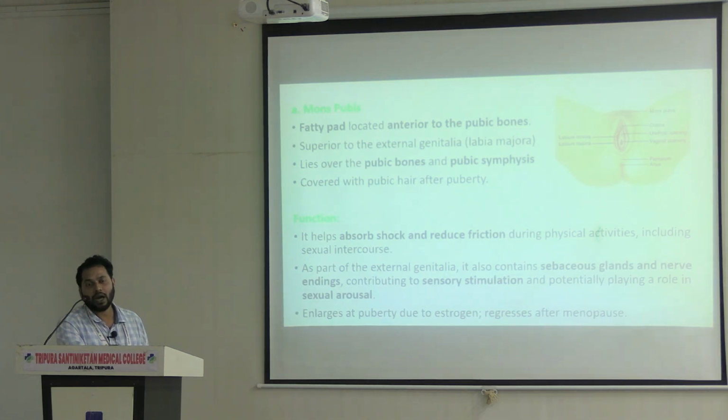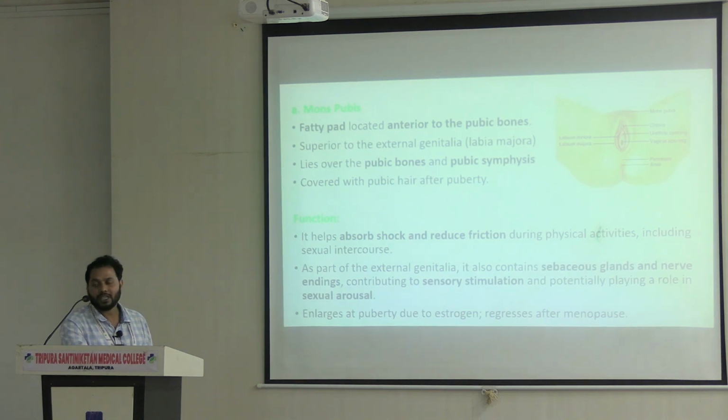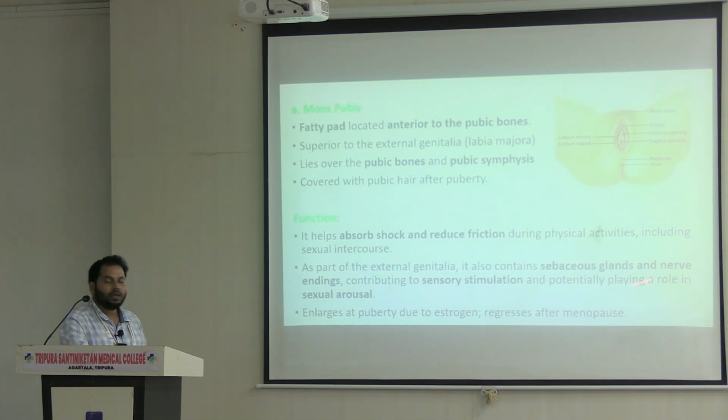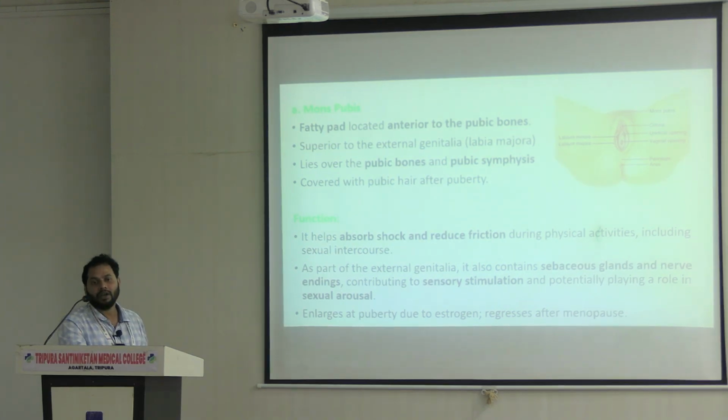And that accumulation of adipose tissue, together with the presence of the sebaceous glands in that particular structural position, helps to maintain sexual arousal even immediately after the pubertal period.